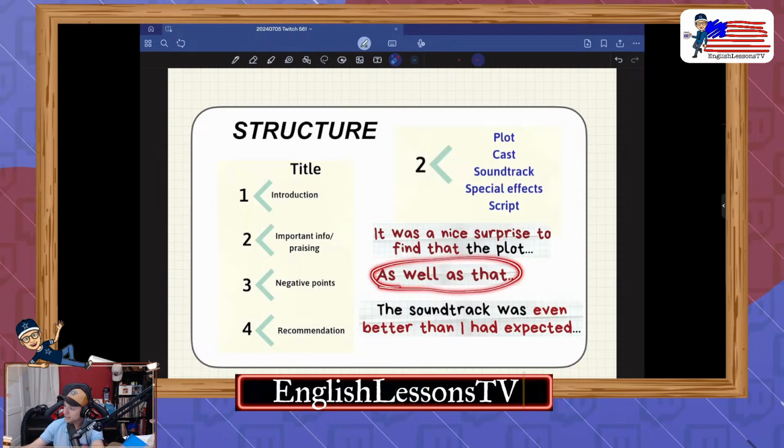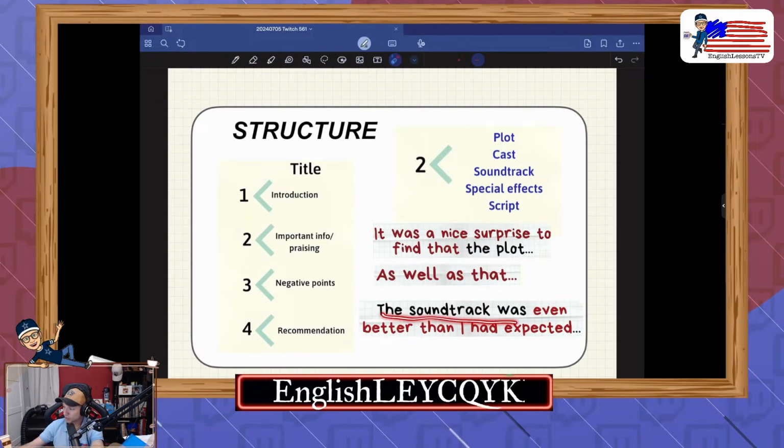As well as that, the soundtrack was mesmerizing. Or the soundtrack was even better than I had expected because it had some bluegrass music that I like a lot, for example.